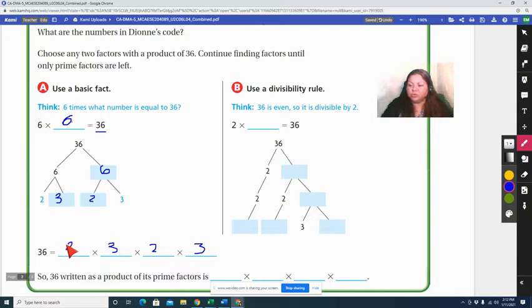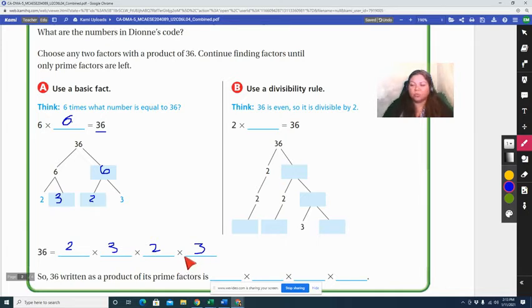Because 2 is a prime number, you can only multiply 1 times 2. 3 is a prime number because I can only multiply 1 times 3 to get 3. And then they repeat. So what are the prime factors of 36? It's 2 and 3 because those are the numbers that we're using, 2s and 3s.